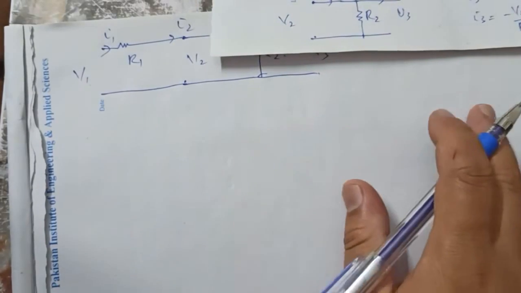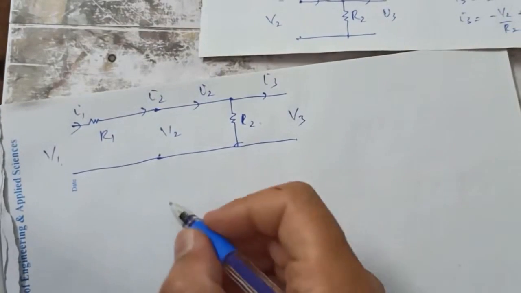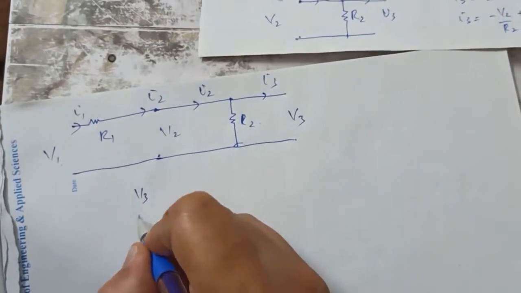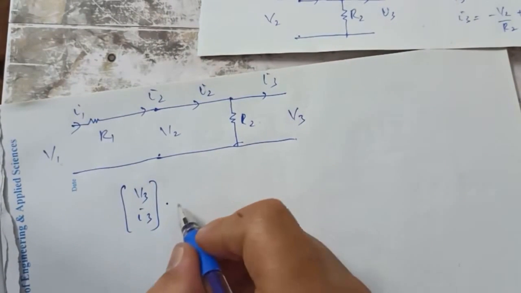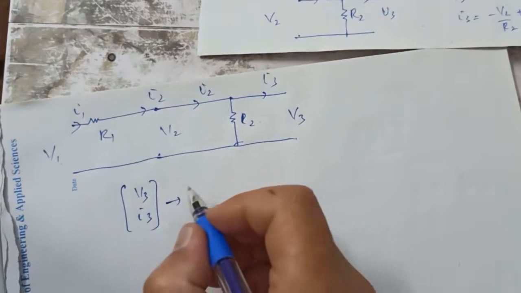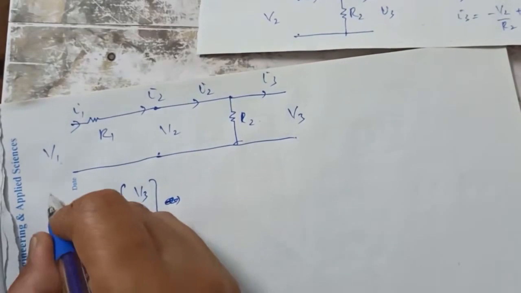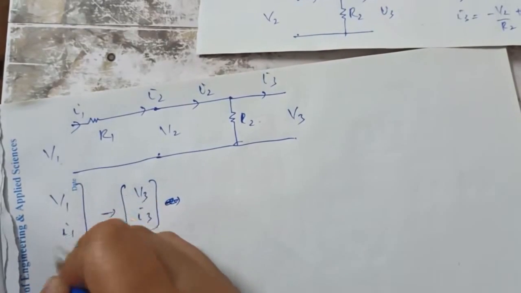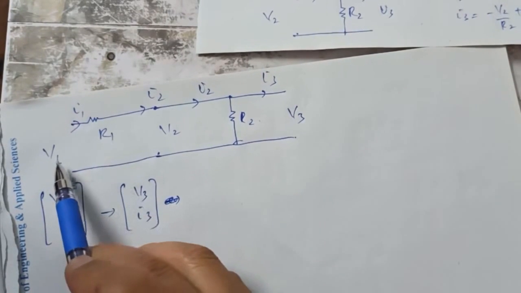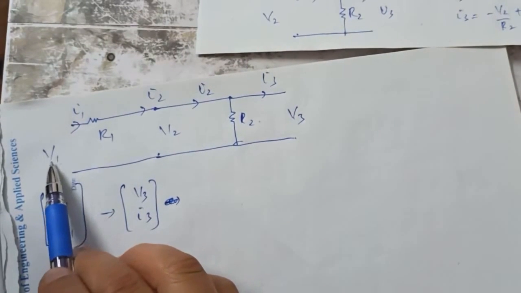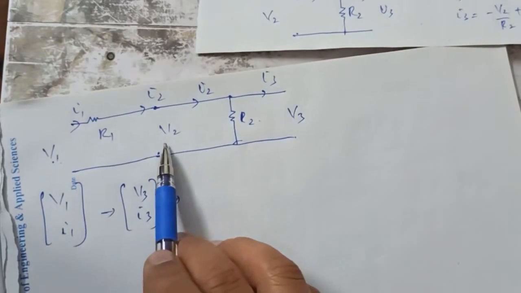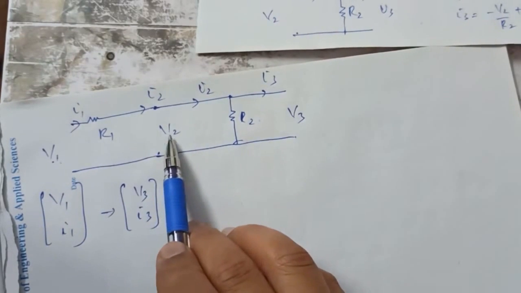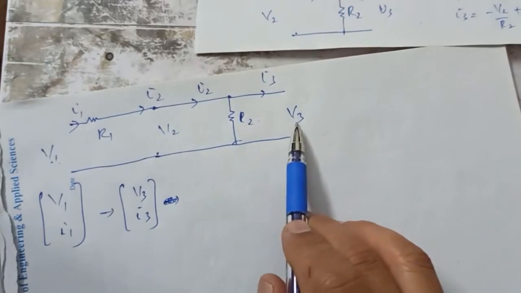So we can simply write V3, I3, the transfer characteristics. If you want to write from the perspective of V1, I1, you can write the transfer characteristics from V1, I1 to V2, I2, and then from V2, I2 to V3, I3.